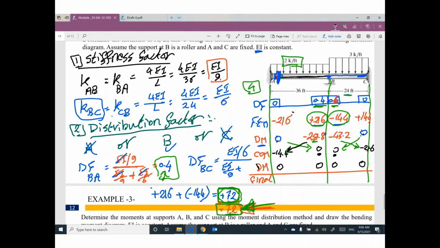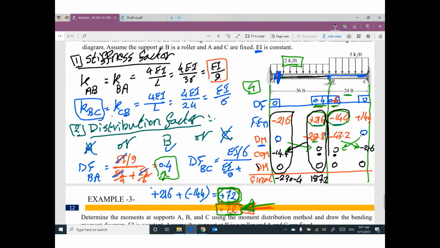Go ahead and add all of these values together. Negative 216 and negative 14.4, you will get negative 230.4. Add these values together: 216 positive, negative 28.8, gives 187.2.